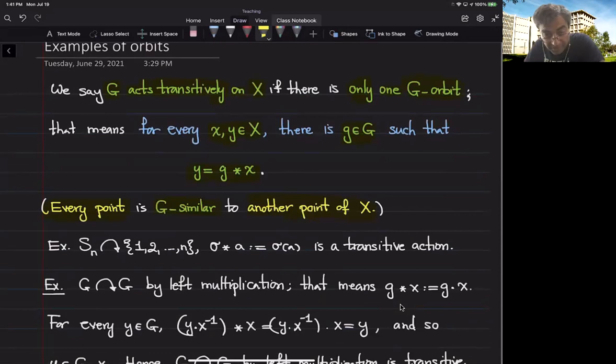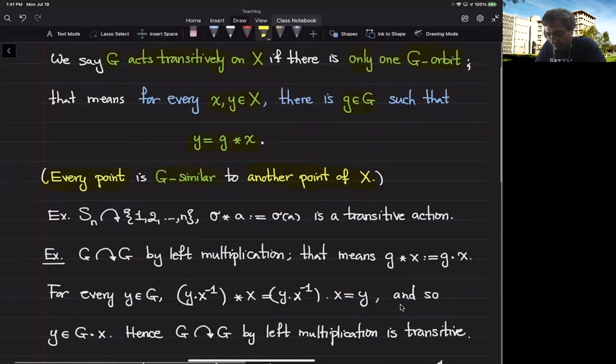In that case, the action is called transitive. For instance, as we discussed, the action of the symmetric group on the points 1 to n is a transitive action.